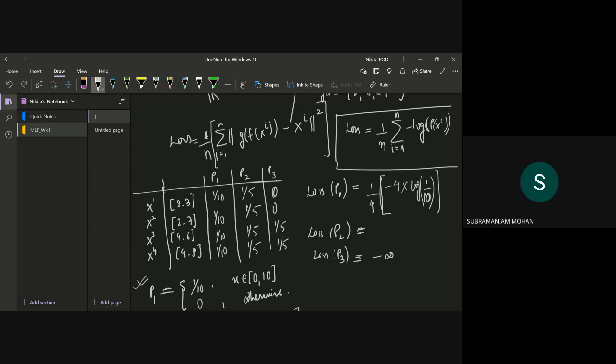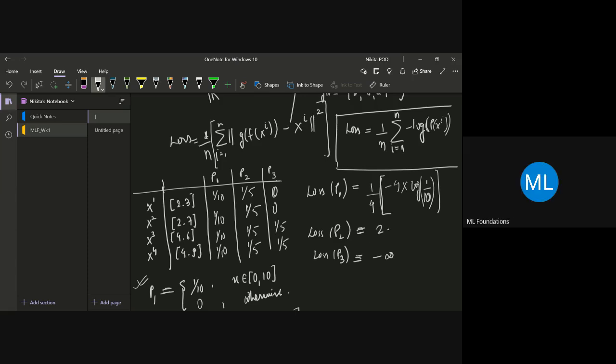So 9.2 divided by 4 is cancelled. ln of 0.1 is 2.303.